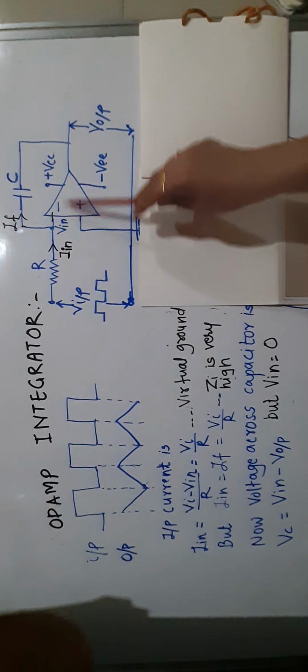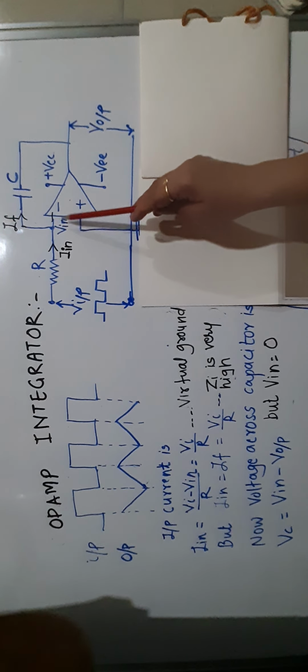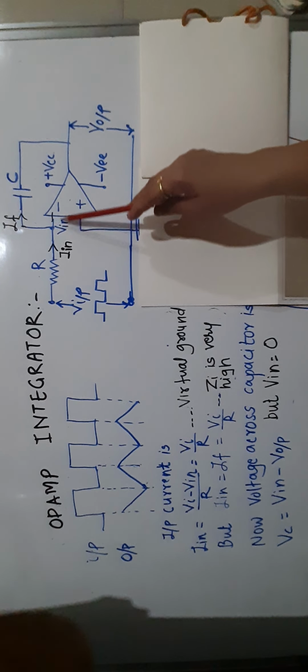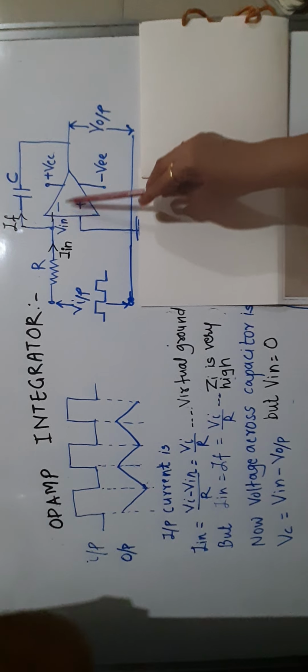But we know I-in is also equal to IF. See, the input impedance of the op-amp is very high, around 10⁶, as we know. As the input impedance is high, current cannot flow through the op-amp. Ideally no current will flow through the op-amp.